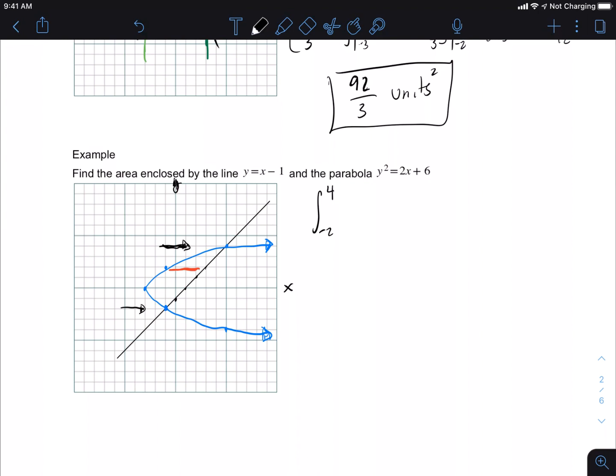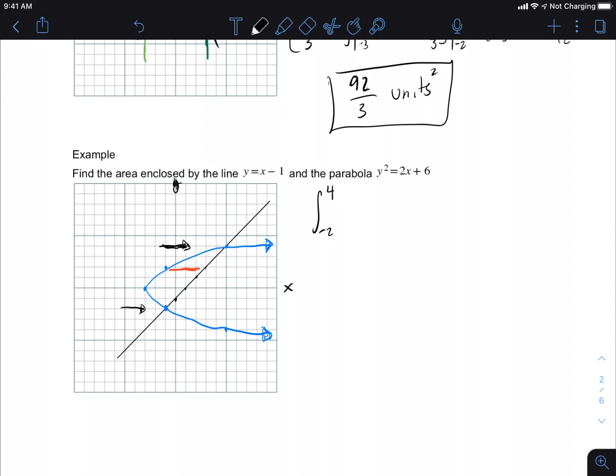Now we have to decide, since we're going to be in dy, what's our function got to be in? In terms of y? That's it. Everything must be in terms of y. So now the equations that we have must be in terms of y. So you told me, Daniel, that the further right function was y is equal to x minus 1. That's correct.